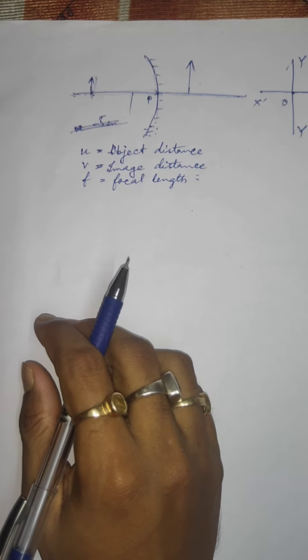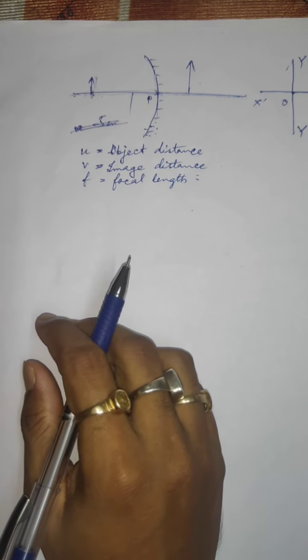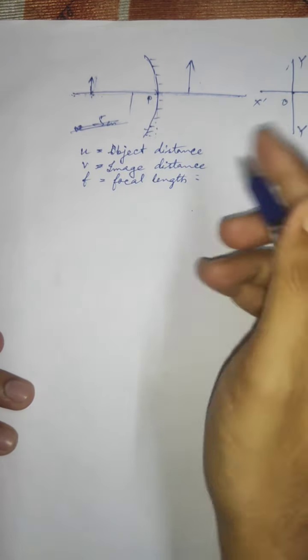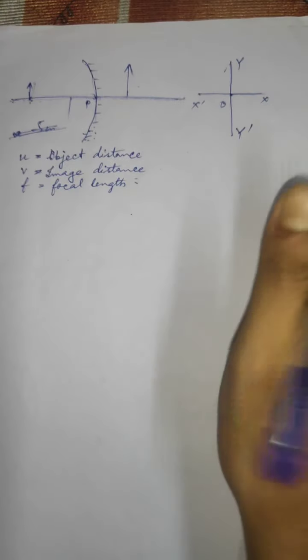These are the parameters, these are the symbols. Another parameter is required for the magnification. Magnification is a very important quantity in case of sign convention, especially in mirror formula and lens formula.